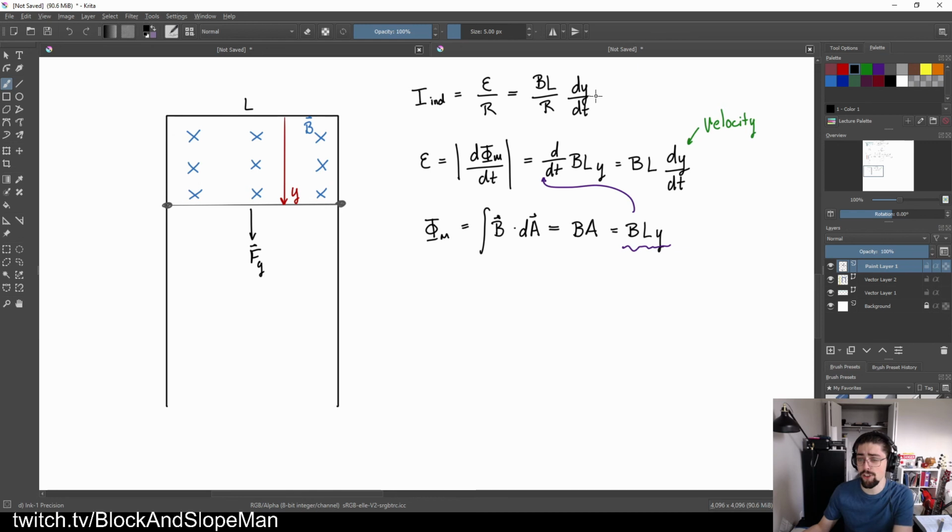Nature is going to want to try and oppose that. That means there is going to be an induced magnetic field coming out of the page. What creates an induced magnetic field going that direction? My right-hand rule tells me that it better be rotating counterclockwise.